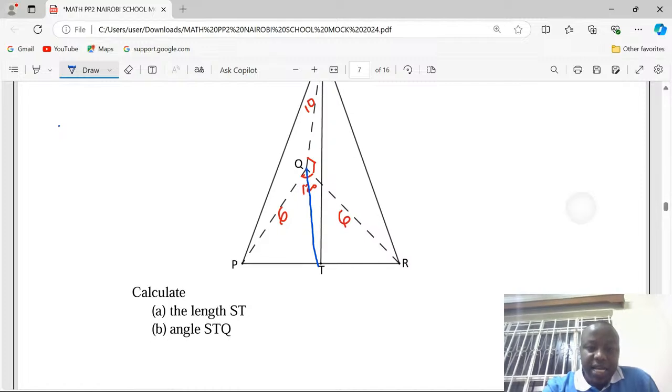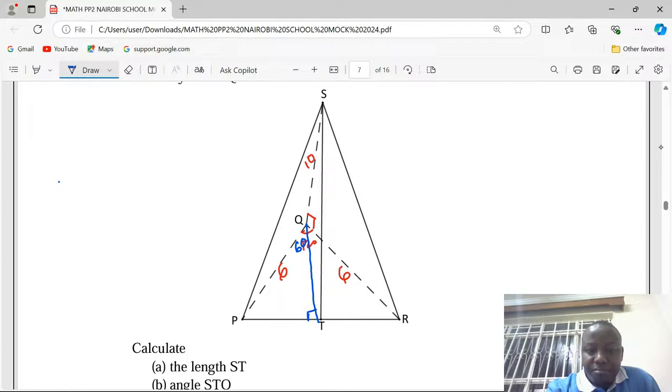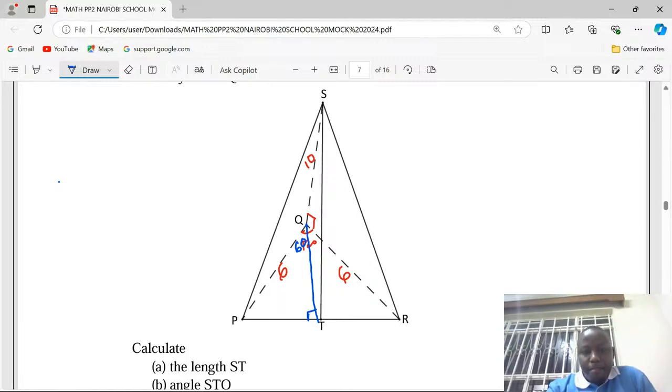We are calculating length ST. For us to get ST, let me begin by getting QT first. For us to get QT, we have 90 at this point, and when 120 is bisected, we will have 60. So we have 60, we have the hypotenuse as 6, and we need the adjacent length.